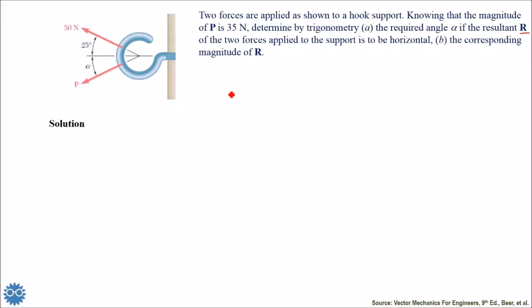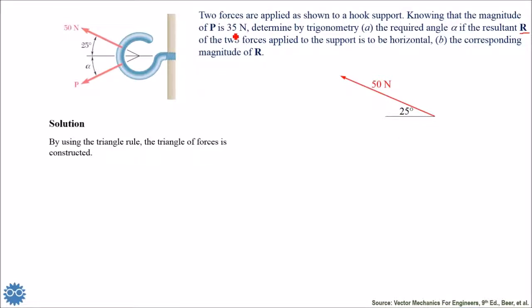Now, in order to solve this problem, we shall notice that we can simply use the triangle of forces. By using the triangle rule, the triangle of forces can be constructed. As we see here, we start with the given value, 50 newtons, which is inclined by 25 degrees.